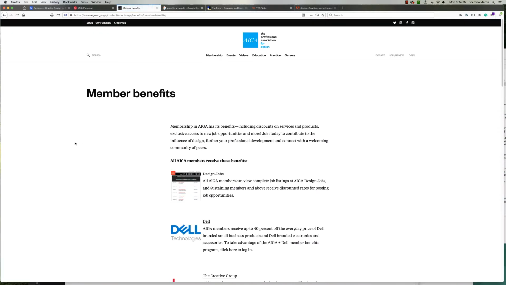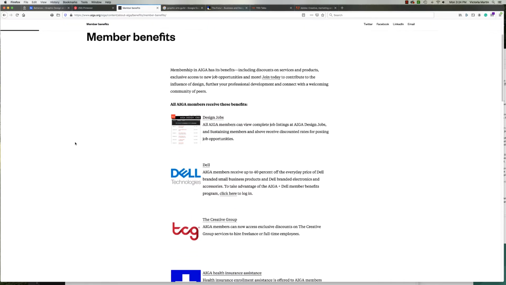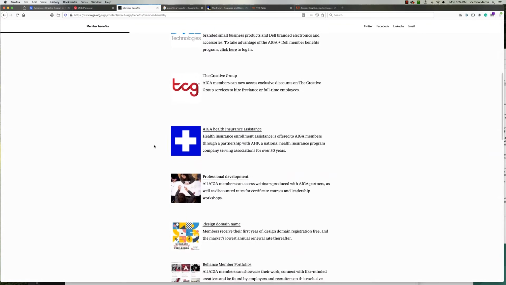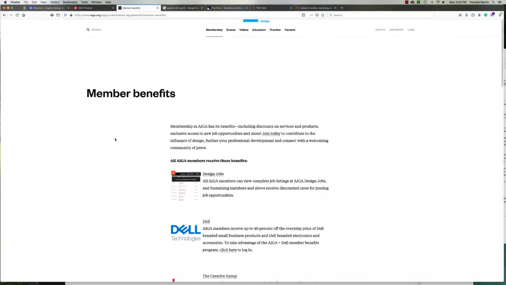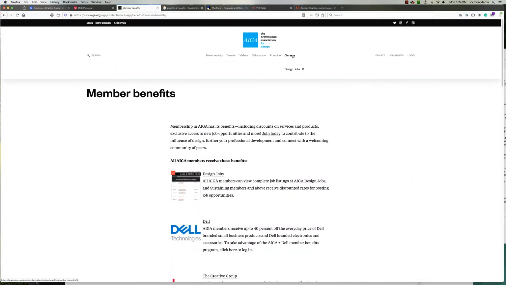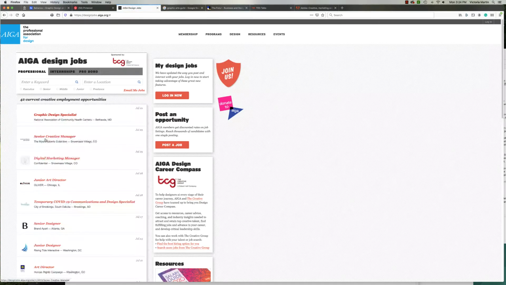They also have jobs listed. So here's some of the benefits. You can get AIGA health insurance and a domain name. They also have design jobs. You cannot see all of the jobs. Some of them they have hidden behind membership, but you can actually look for jobs there. So I'd rather have you guys aim high and miss than aim low and get a really poor job.